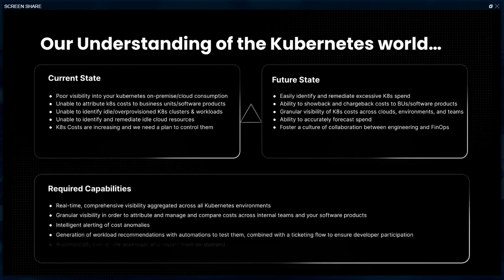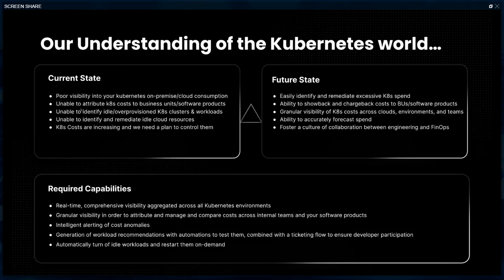If we look at the types of problems that people have today, top left, current state, a lot of people are experiencing poor visibility into their Kubernetes, whether it's on-prem or in the cloud. An inability to attribute those costs towards business units, teams, software products that they may be delivering.